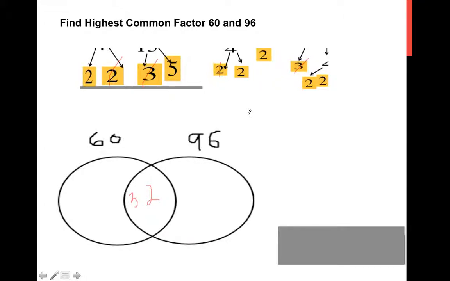And then we can put another 2 in there, because 2 goes there, 2 goes there, and that's it, there's no 5. So in 60 we just put 5 because that's not in common, so we put that on the outside. And then 2 by 2 by 2, we just leave that in here. That's supposed to be three 2s, but it looks like a 3, but three 2s there.